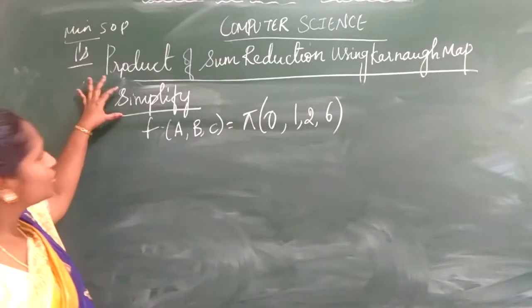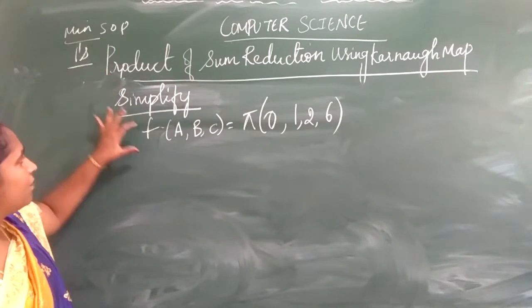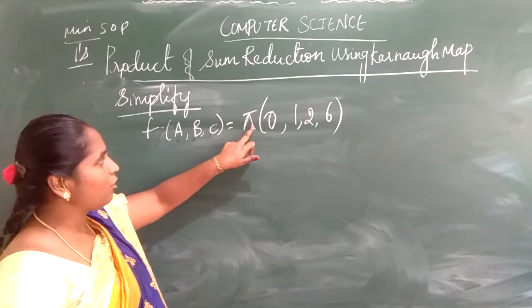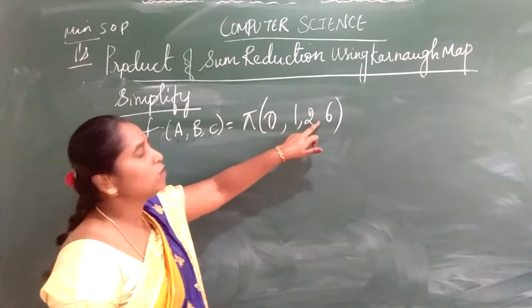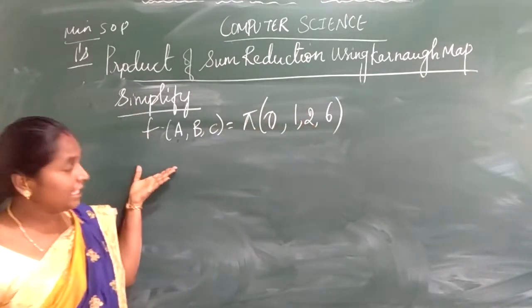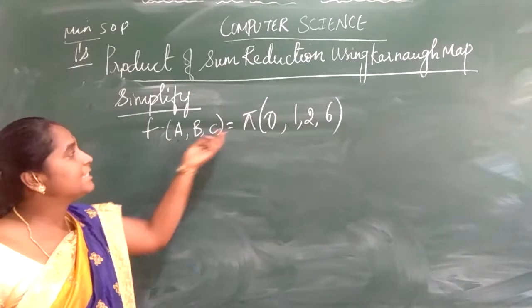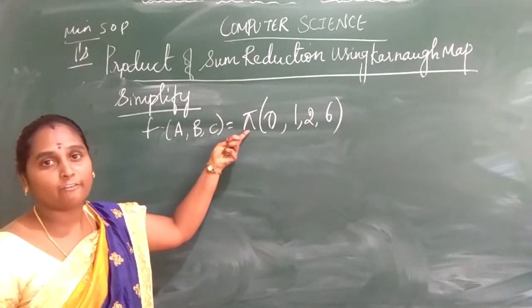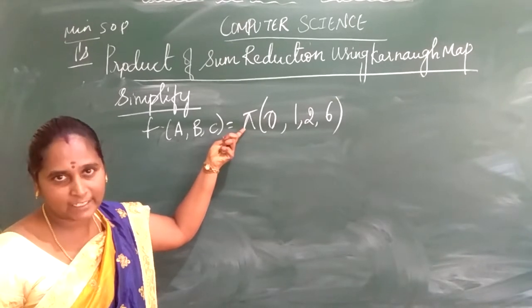See here, listen students. They have given the question: simplify f of a, b, c equals pi of 0, 1, 2, 6. By seeing the question itself, you can understand it is a max term. If any expression is written in the form of pi, it is nothing but your max term.